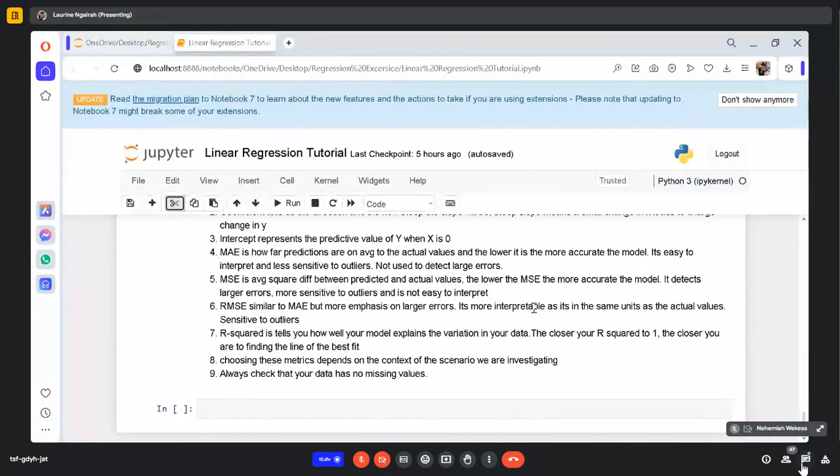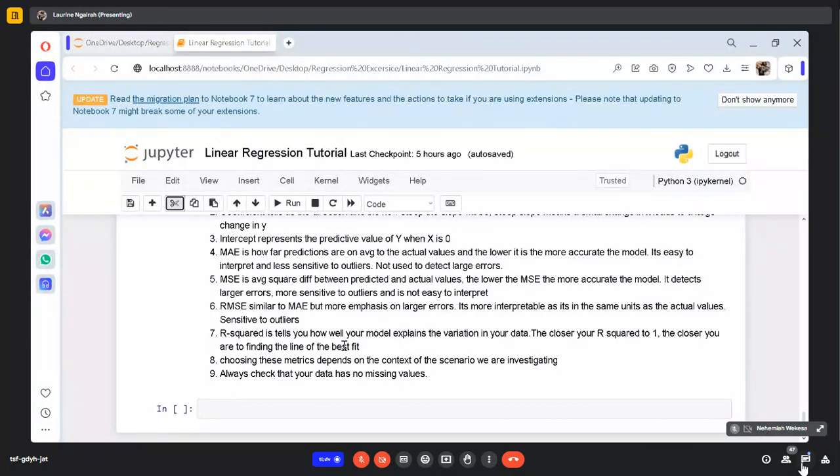It is more interpretable as it is in the same units as the actual values, and it is very sensitive to outliers. Then we go to the R squared, which tells you how well your model explains the variation in your data. The closer your R squared is to 1, the closer you are to finding the line of best fit. Choosing these metrics will depend on the context of the scenario or the data set that you have.